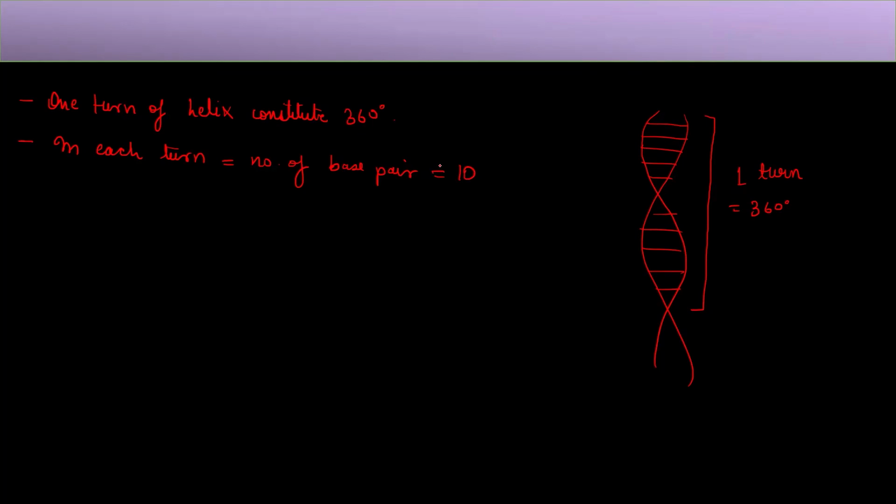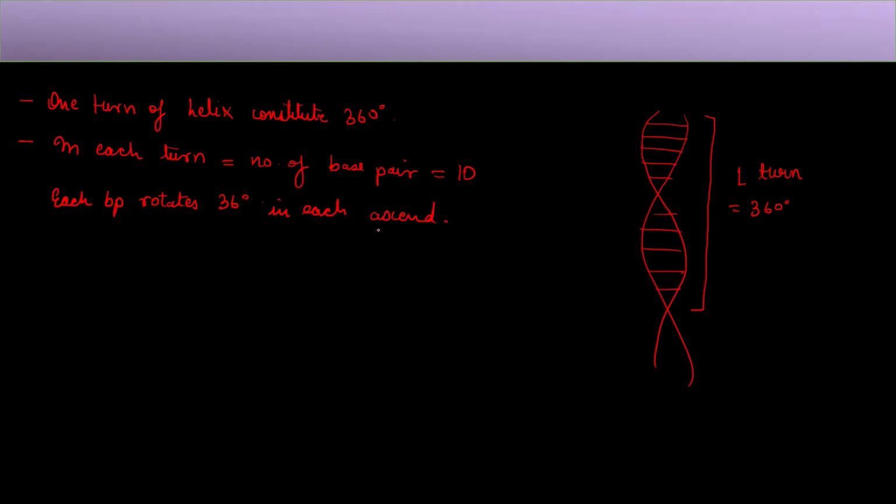So if the number of base pairs in 360 degrees is 10, at what angle does one base pair rotate? Each base pair, which I represent by BP, rotates 36 degrees in each step. So each base pair is rotated by 36 degrees.